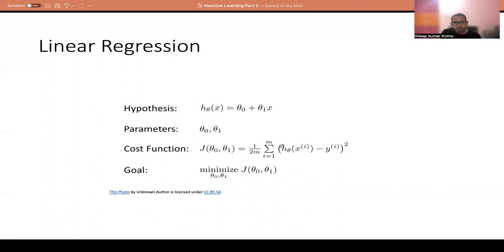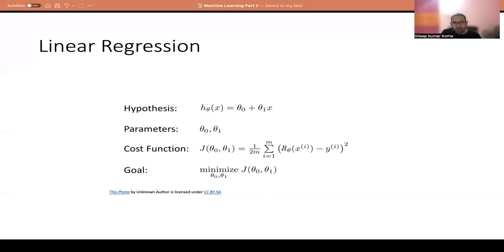So the deviation we are calculating and we are squaring it. And m represents the number of training samples. For all the training data, we are summing up the square error.